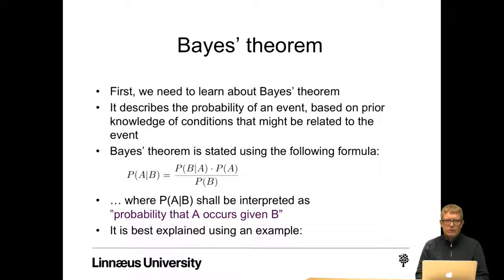Bayes' theorem is stated using the following formula: P(A|B) = P(B|A) × P(A) / P(B). Here P(A|B) shall be interpreted as the probability that the event A occurs given B. It is best explained using an example.